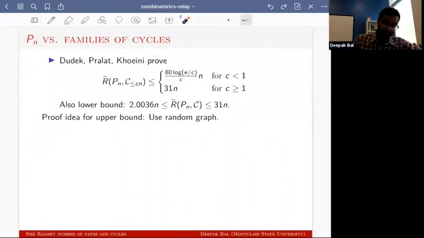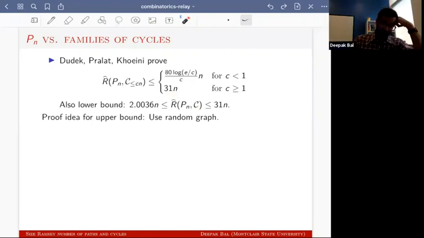What they were able to prove is that the size Ramsey number of P_n versus these families of cycles is at most this given bound. As they forbid shorter and shorter cycles, the bound gets worse and worse, right? As C approaches 0, it approaches infinity. And for the family of all cycles, they have an upper bound of 31n.